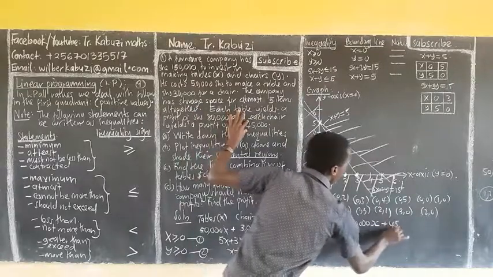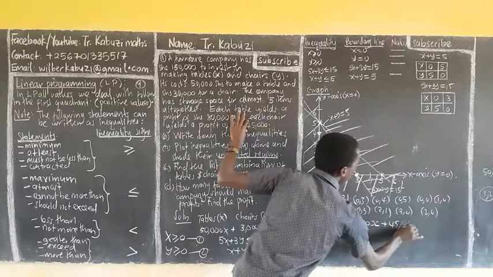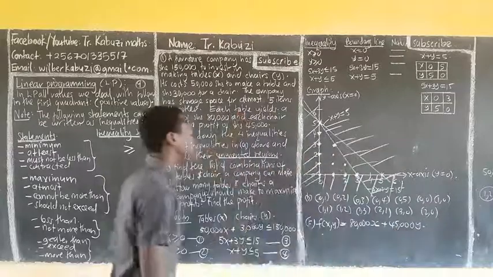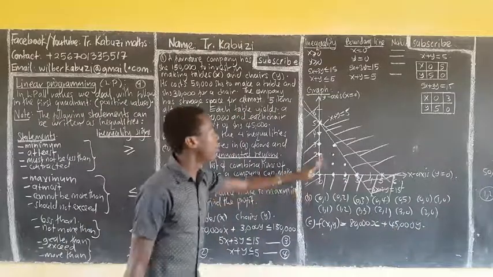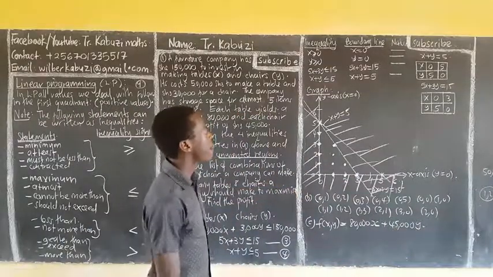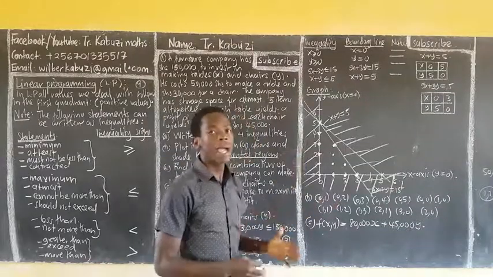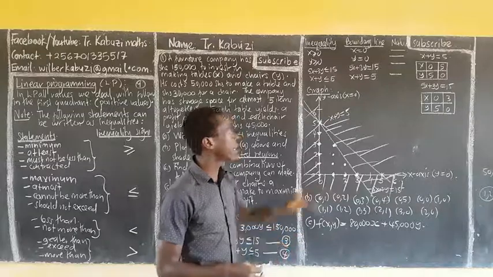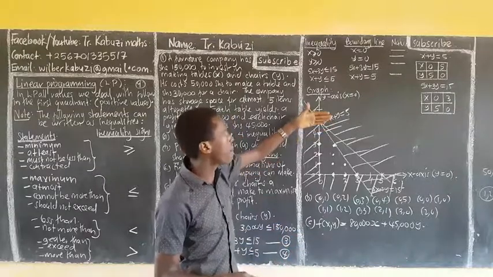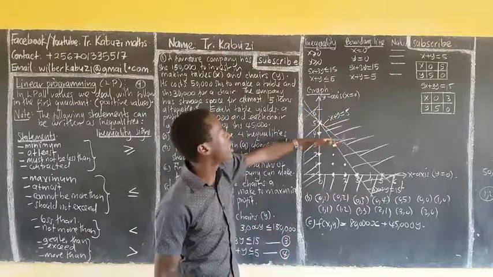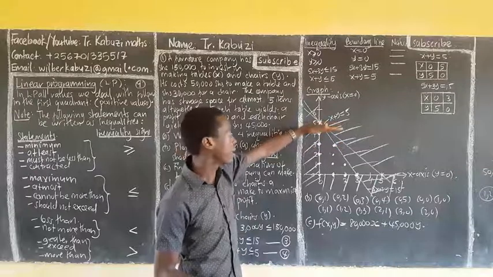45,000 times now Y. Now, I need to know which one is going to maximize my profits. And you say, points that are going to maximize profits are always at corner points. So for maximum values, you check at the corners above.